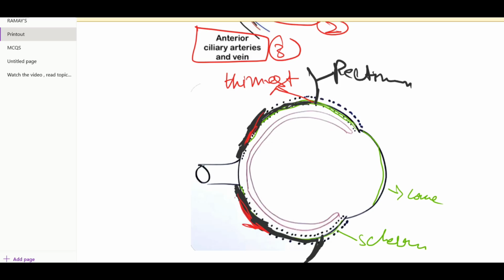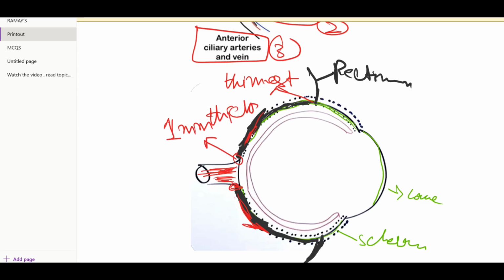And the thickest point of the sclera is around the optic nerve, where the optic nerve fibers are coming. The thickest point is around the optic nerve, and it is 1 millimeter thick.